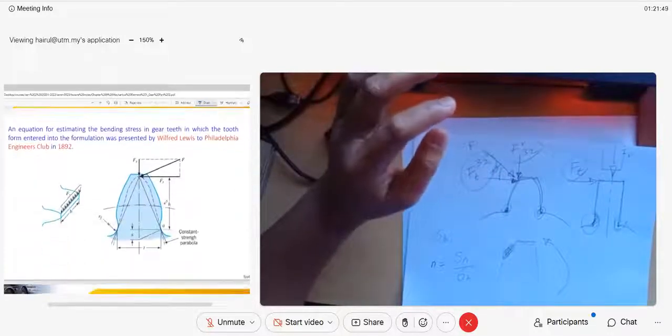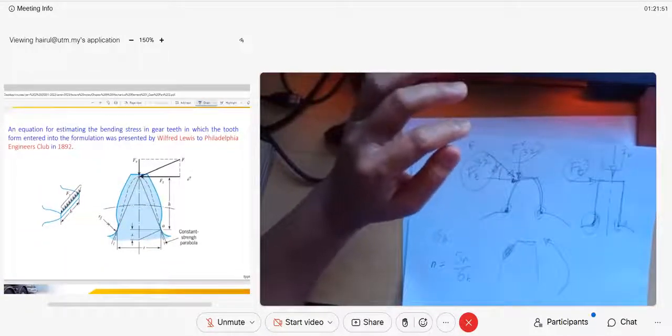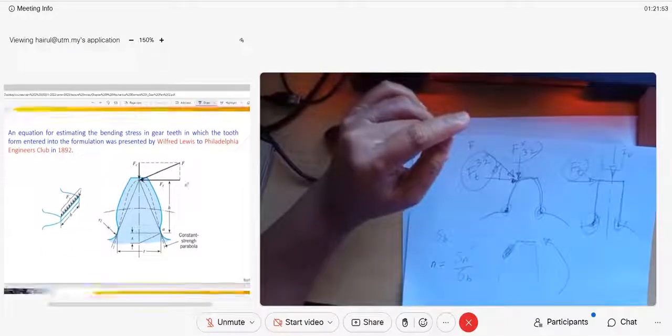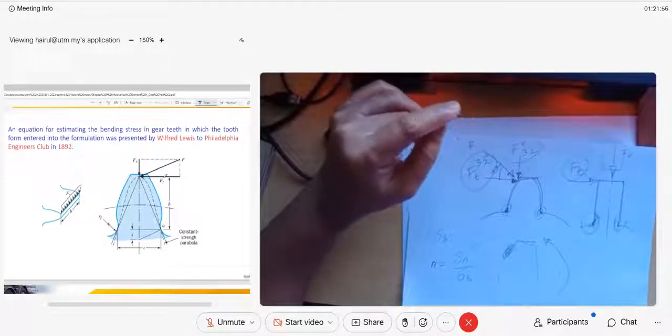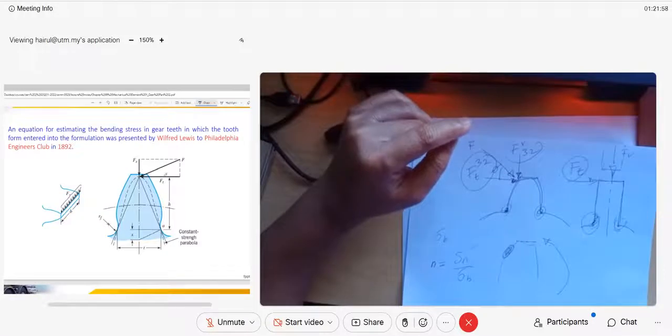For bending stress, if you look here, we have forces like this: F tangent and F radius. This is the profile of your gear tooth. We have a height H from the fillet, from the neck.